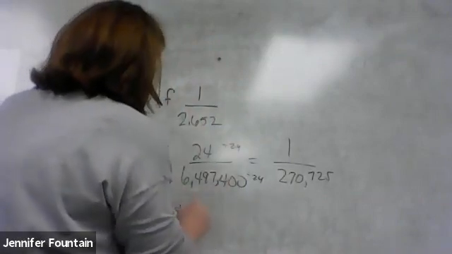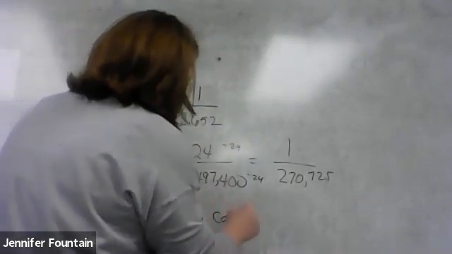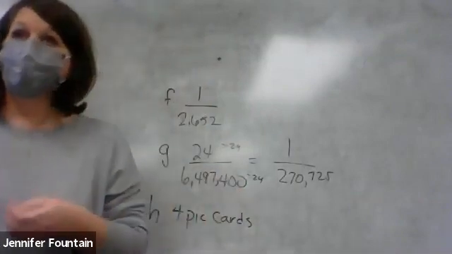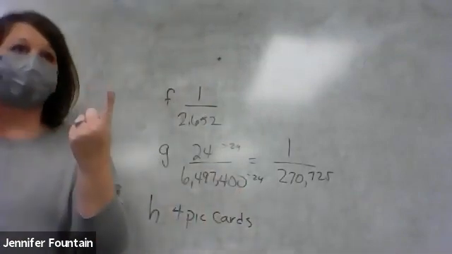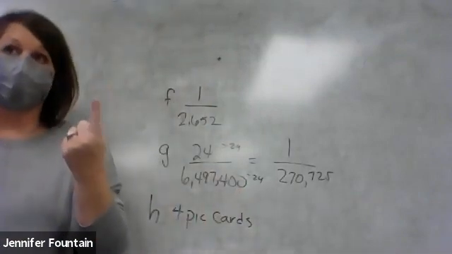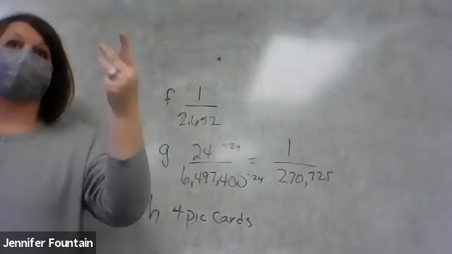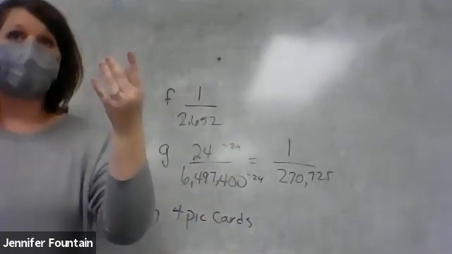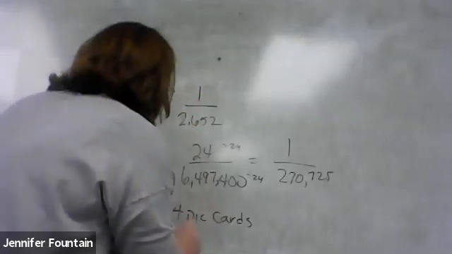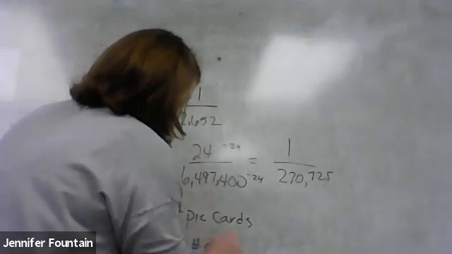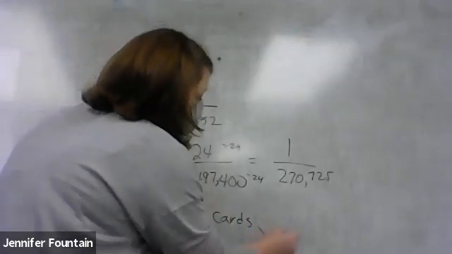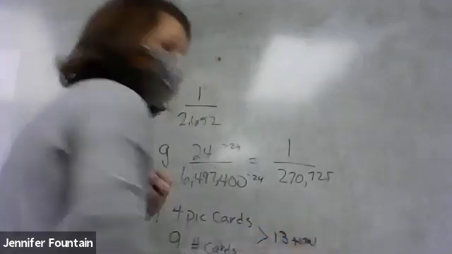So I said we have 4 picture cards, but when we talk about number cards, there's not a number 1 in a set of cards. It starts with number 2. So we only have 2, 3, 4, 5, 6, 7, 8, 9, 10. So there's actually 9 number cards. Remember we said we have 13 total per suit.